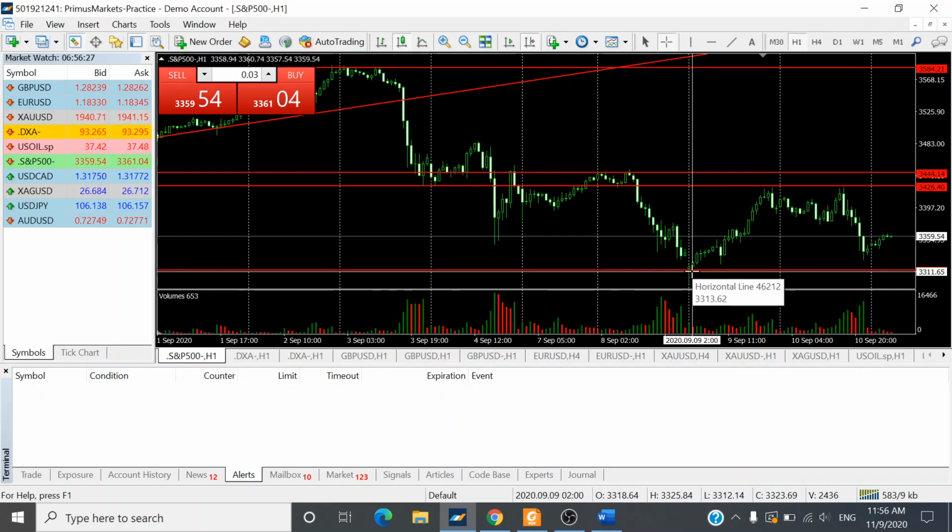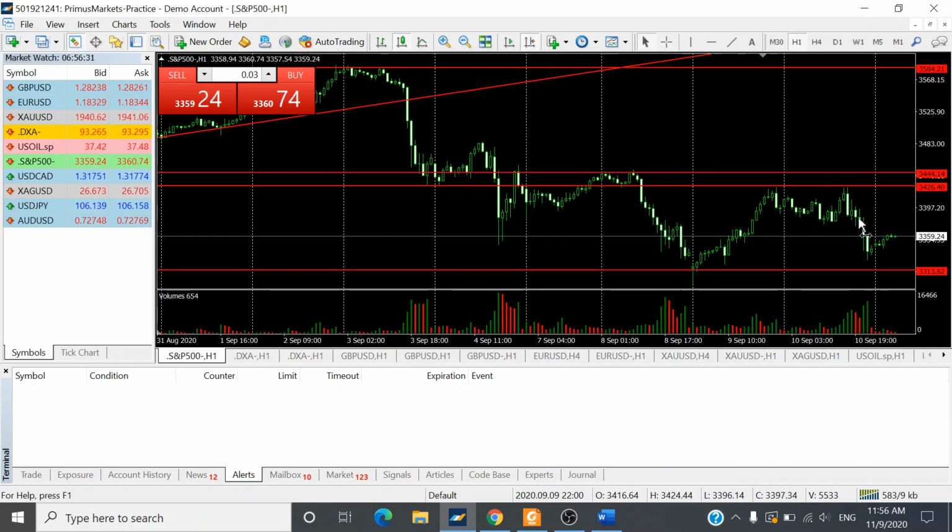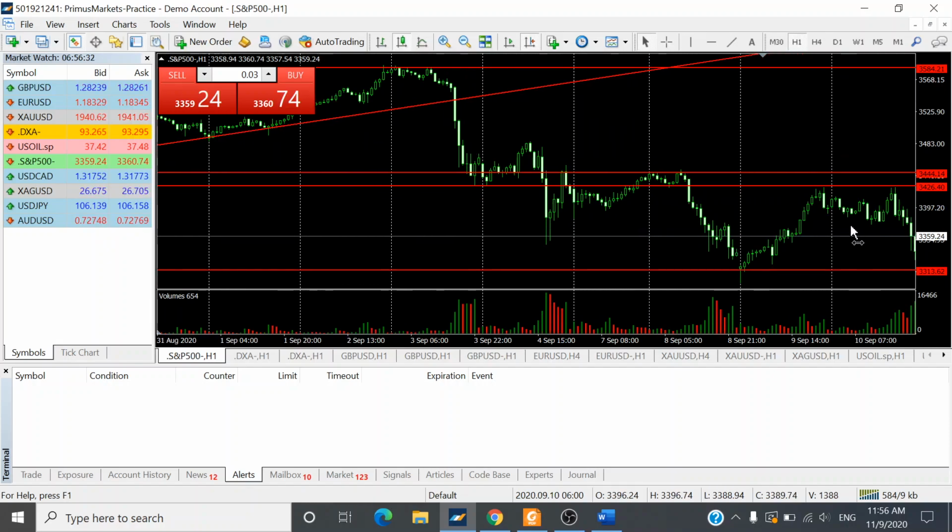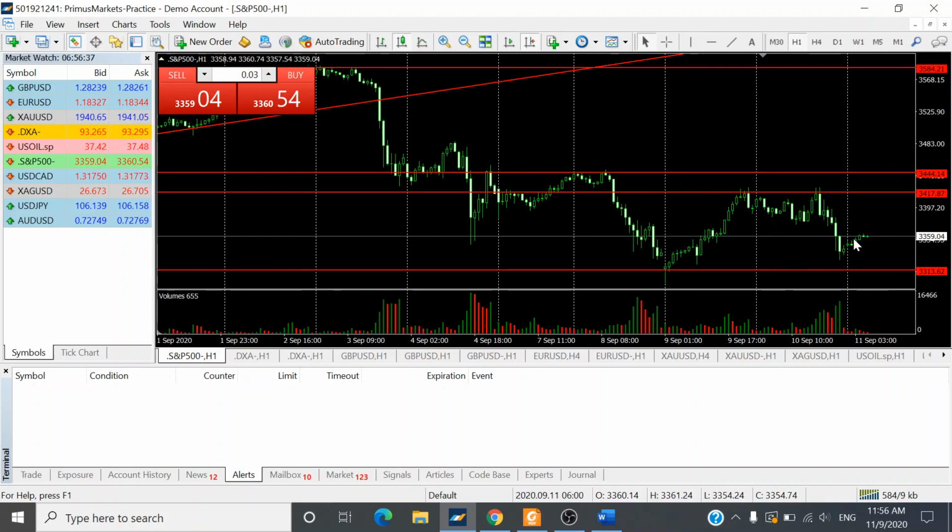On Wednesday it managed to find some support and went up, and yesterday it was still trading in this range. It found resistance and then came down, so currently it's a bit quiet.